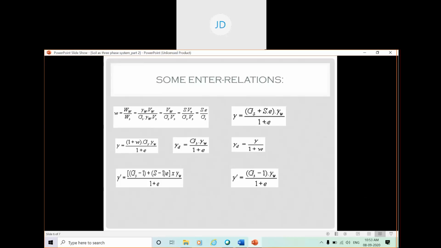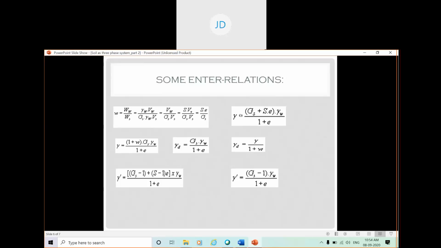You also know there is an interrelation between small e and small n that we discussed in the previous classes. So void ratio can be found if you know the porosity for a particular soil, and vice versa. So e can be represented by n, and this whole expression can be represented in terms of porosity also. Till now we have used only void ratio here.